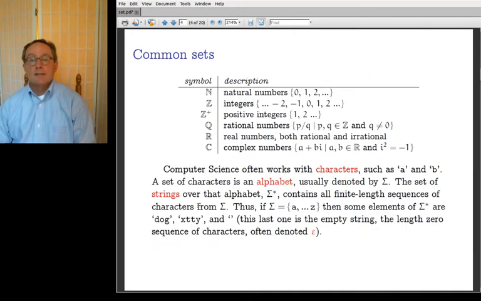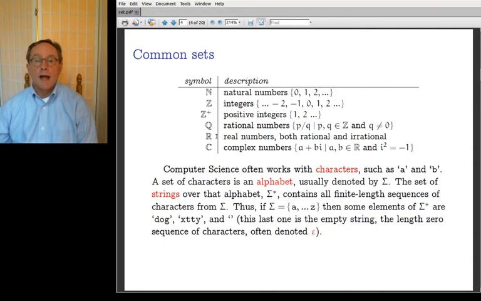Here are some common sets that you run across all the time on the interwebs. The natural numbers, see how it has a double line in it there? The integers, the positive integers, the rational numbers are the fractions, p over q, where q is not 0. The real numbers, meaning both rational and irrational, and the complex numbers. Just to give you again a handwriting example of what's happening here.